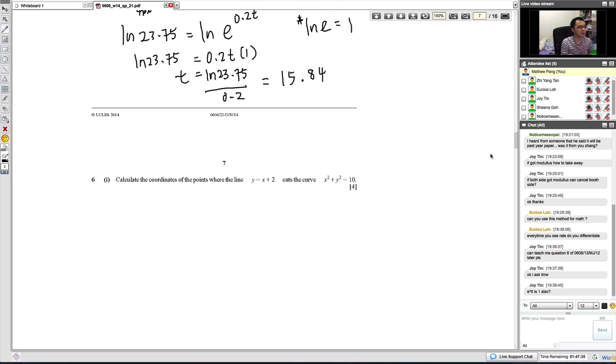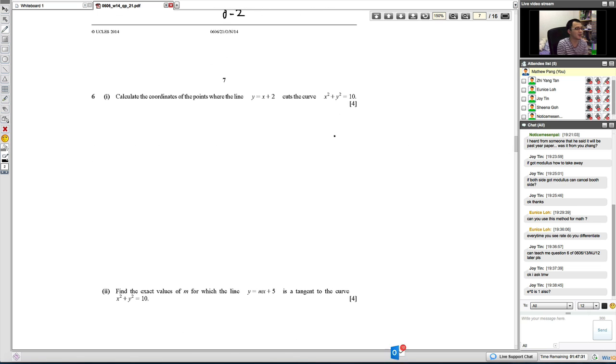So this one calculates the coordinates of the point where this line will cut this curve. You know this is simultaneous. Whenever you see the line will cut the curve or the line will intersect with the curve, this is simultaneous. So I will just substitute y into the y. So my y is (x plus 2) squared equals 10. So I'm going to expand this one very fast.